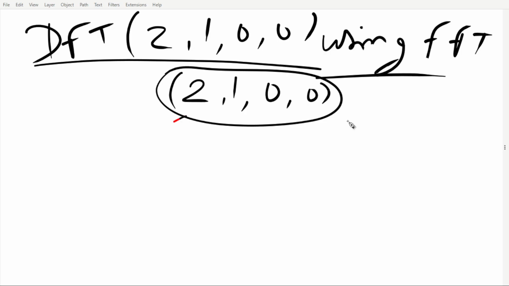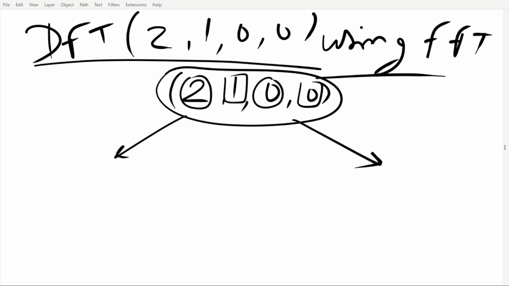We divide this into two smaller subproblems. We separate even and odd terms. The even coefficients are 2 and 0, and the odd are 1 and 0. So we separate them out and write this as 2 0, the first level of the divide step, and 1 0.